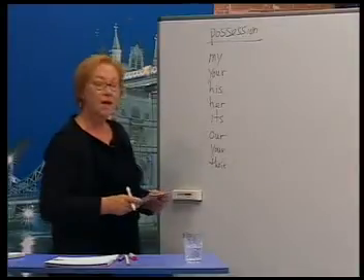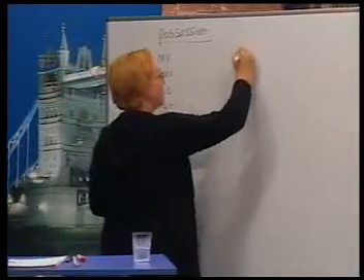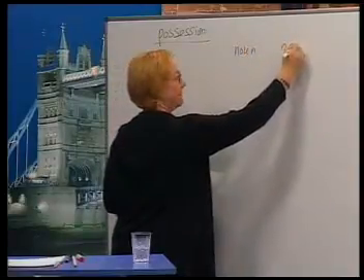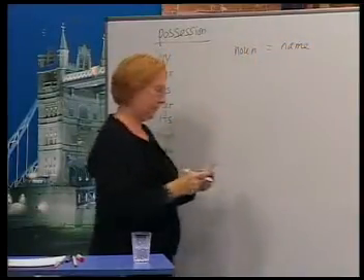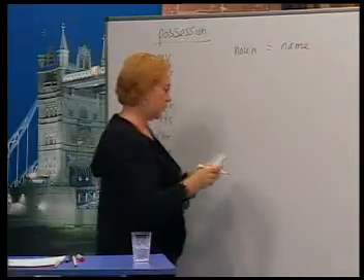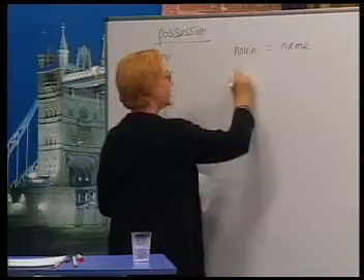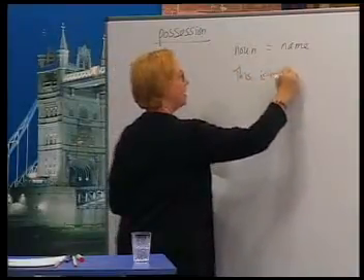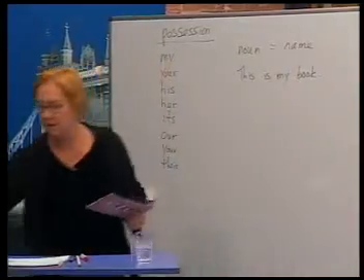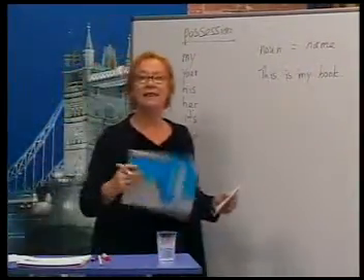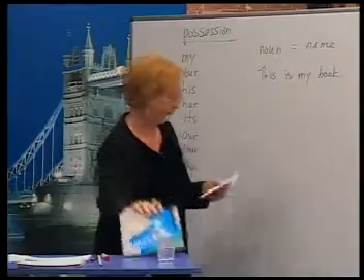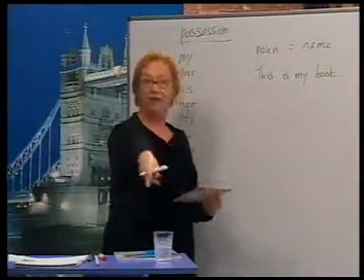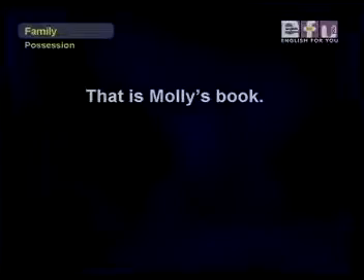Now, also, you know that a noun is like a name. Okay? A noun is a name. Now we're going to learn a different way to show possession. For example, this is my book. You can say that is Molly's book.